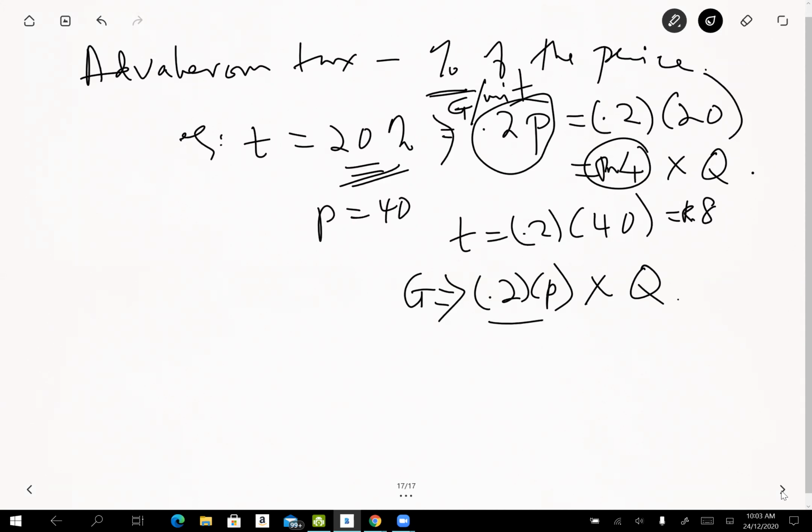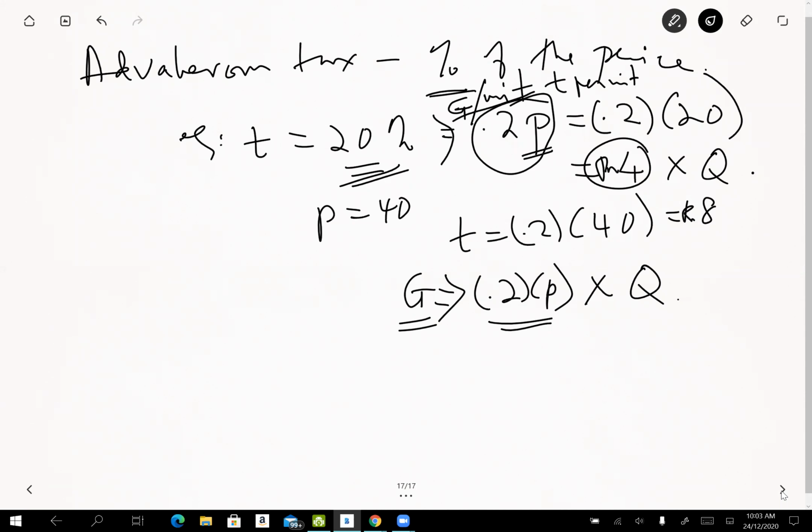So that is the total government revenue or the tax revenue. 0.2 multiplied by P is just the tax per unit. That is it, tax per unit.